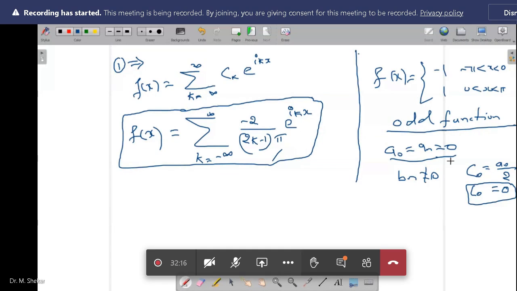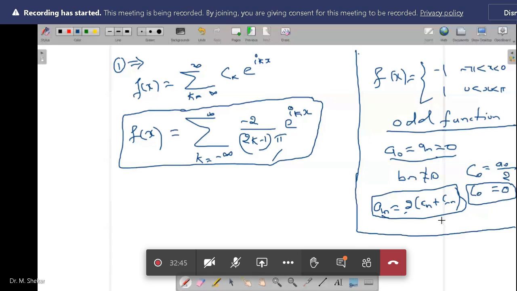Then a n. So what is a n? Actually we get a n is 2 times cn plus c minus n in my case, I think. So if you take the negative of this in the cn and add, definitely these two will cancel and you'll get a n also zero. So just a cross checking. I don't ask you to do a cross check each and every time.